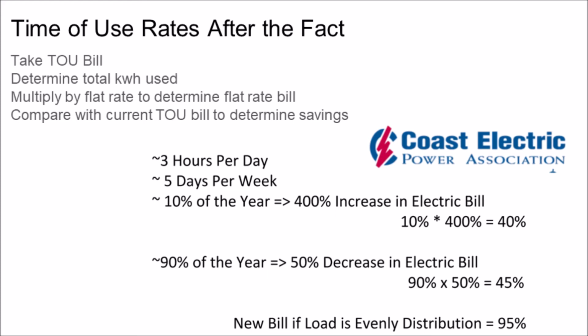That's if my peak load is not that much greater than my off-peak load. And so right off the bat, using an electric load leveler, I think expecting a decrease in the electric bill under time of use rate structures is easily achievable.